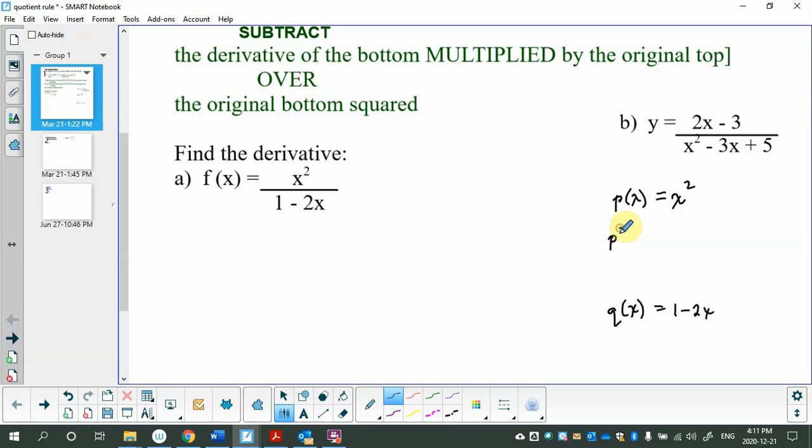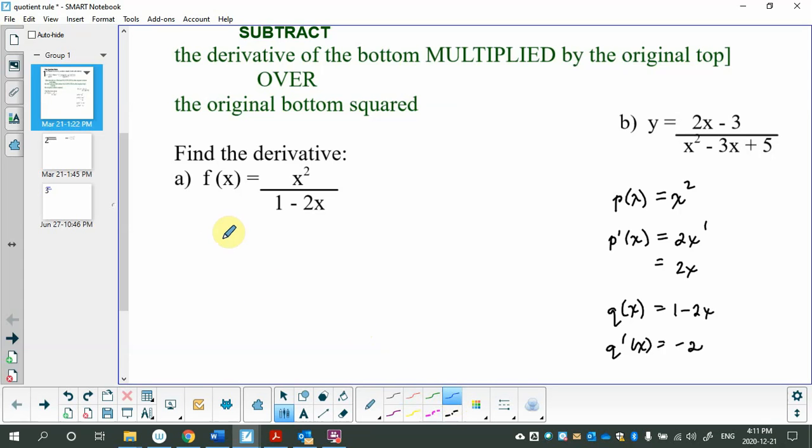So the derivative of p at x, where did that come from? The derivative of p at x is equal to, drop the 2, keep writing, make it a 1. So that is 2x. And the derivative of q at x is 0 minus 2, so negative 2.